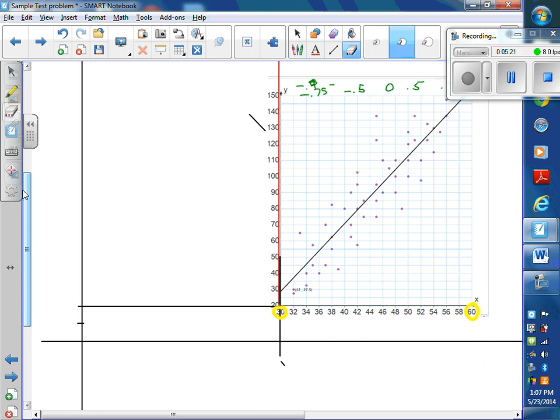if it is true that this is 30 right here, and this is 60 right here, that whole length is 30 units. So if this is 30, 0 must be way over here. You see that? And then if this was 20, like it says right here, and you could see the increments are about that big, then the graph really belongs there.